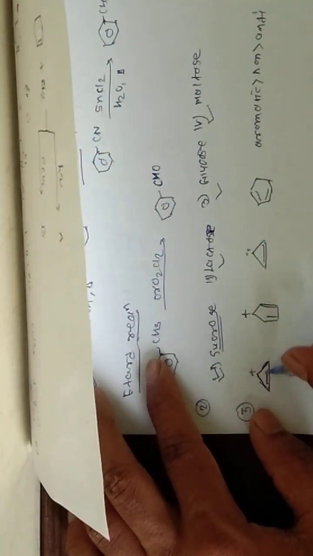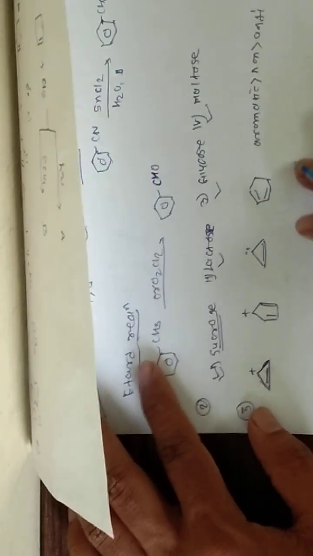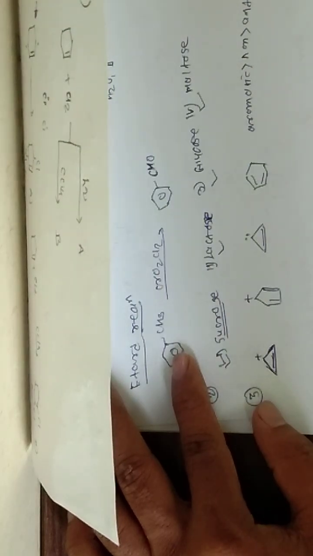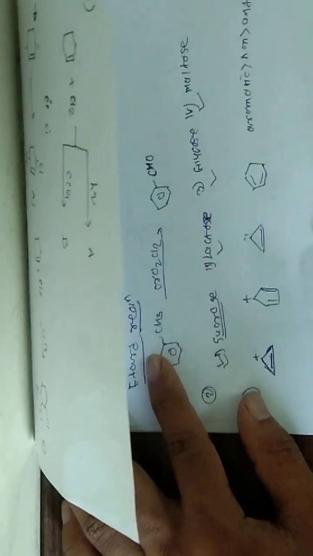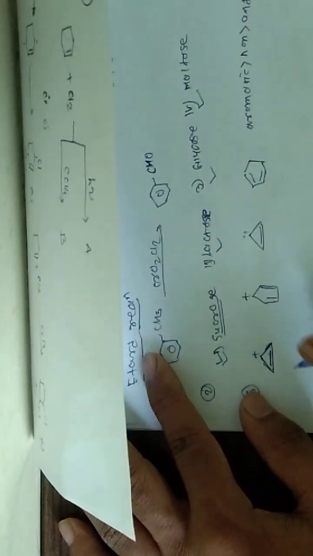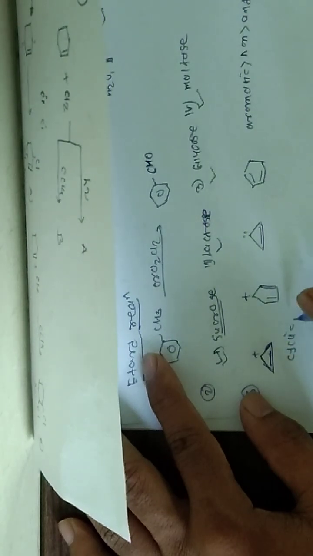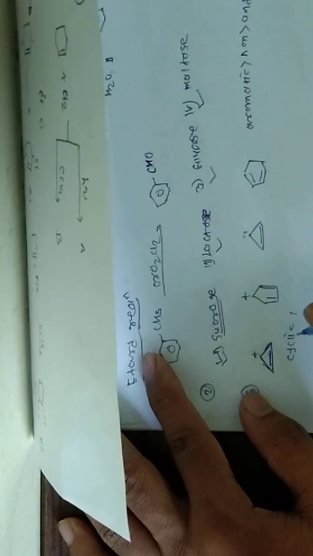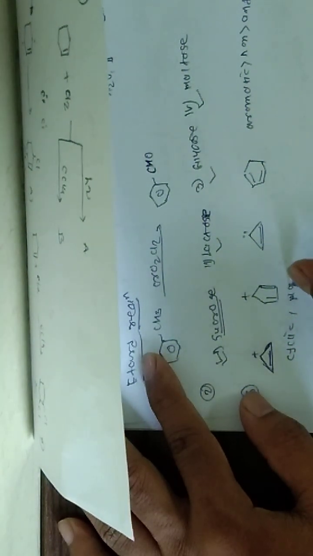So among these, which one is aromatic? What are the conditions for aromatic? First, it should be cyclic. Second, it should be planar, that is every carbon should be sp2 hybridized and involved in conjugation.